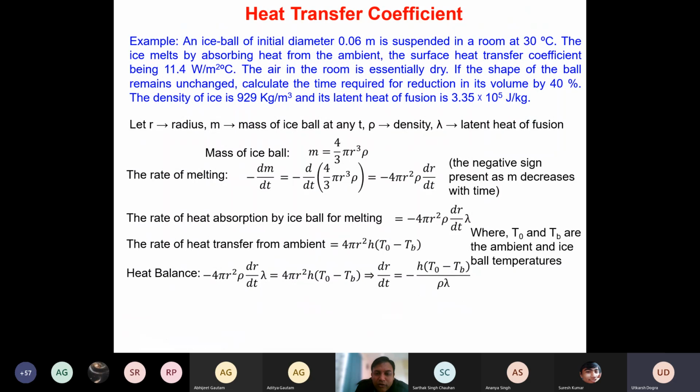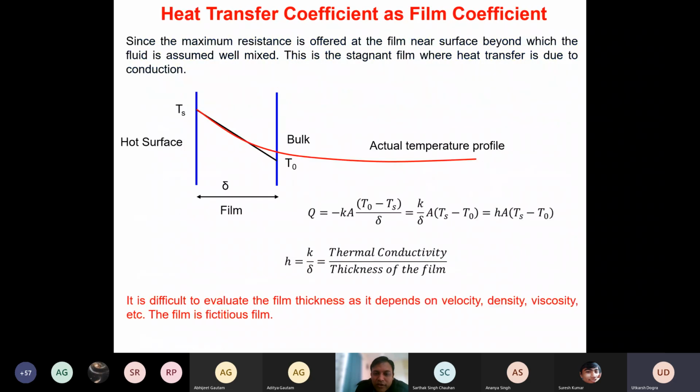Okay, I got your point. So here, I'll again go back. This K is not the thermal conductivity of the solid. This K is the thermal conductivity of the liquid. Yes, sir. But sir, delta can change now because it depends on velocity, density. Delta can change with respect to the velocity, density, and viscosity of what?